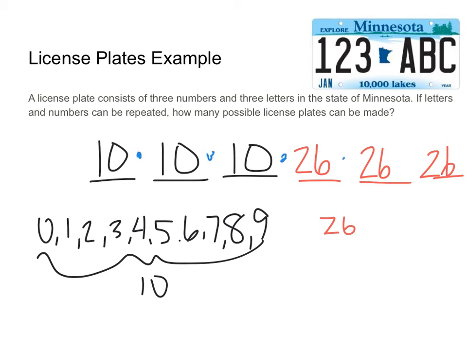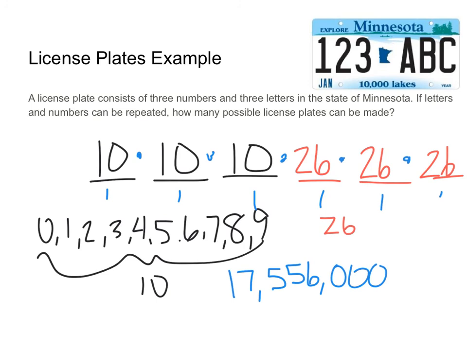And so you would find every event, which these are all different events, and you would multiply them all together, and if we did that, there would be 17,556,000 different options for a license plate.